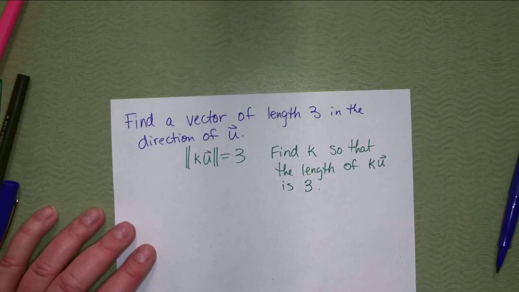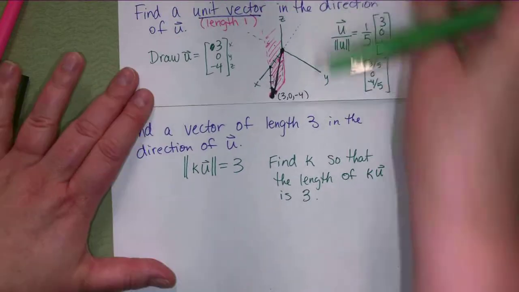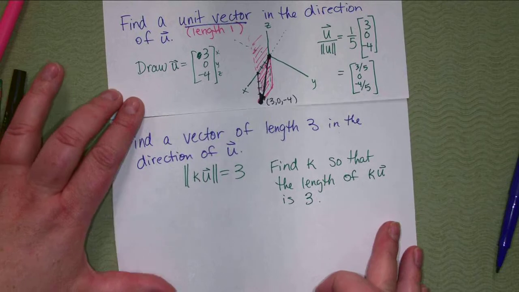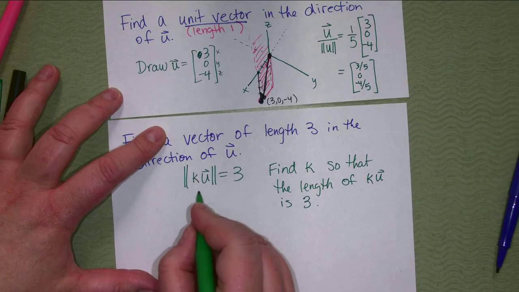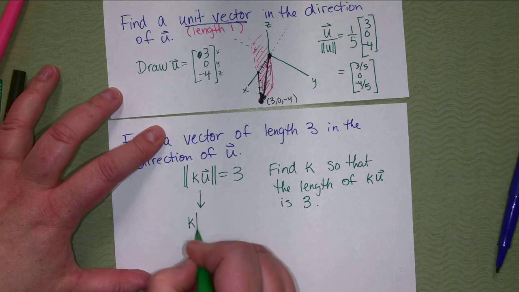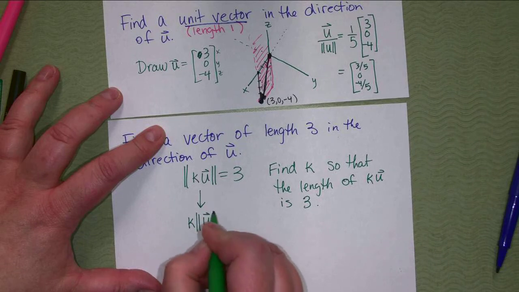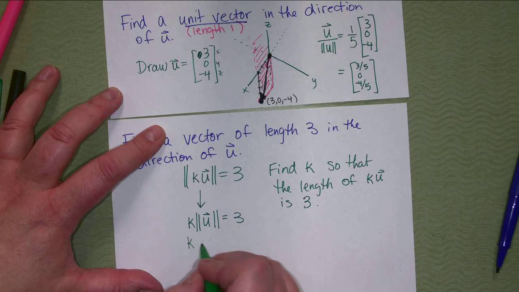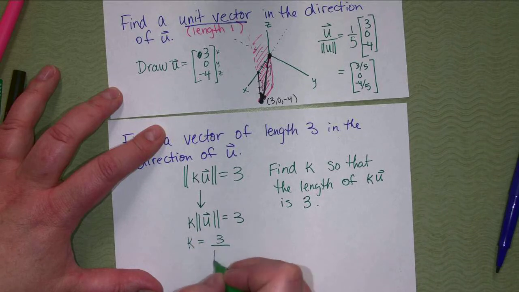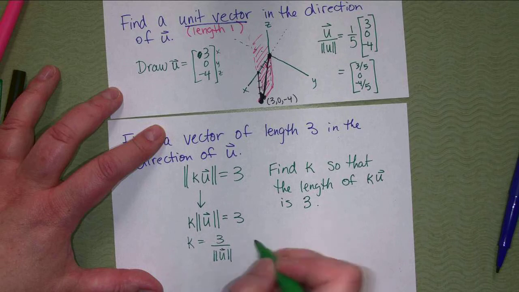The vector we had, actually we'll keep this here. So if we didn't have that, this can be rewritten as k times the length of u. And if we want to find what k needs to be, we can divide both sides by the length of u, which we knew to be 5.